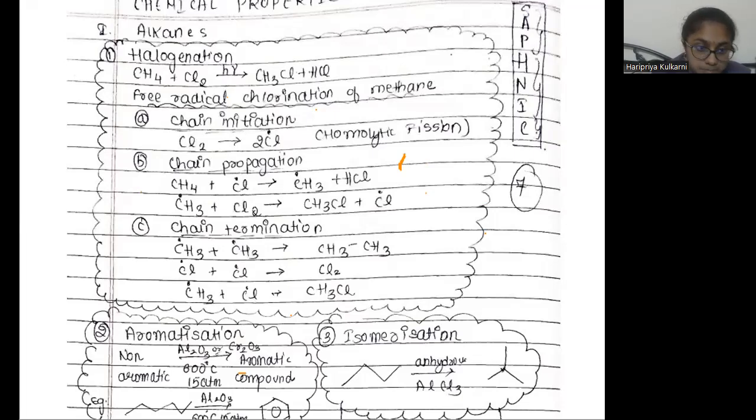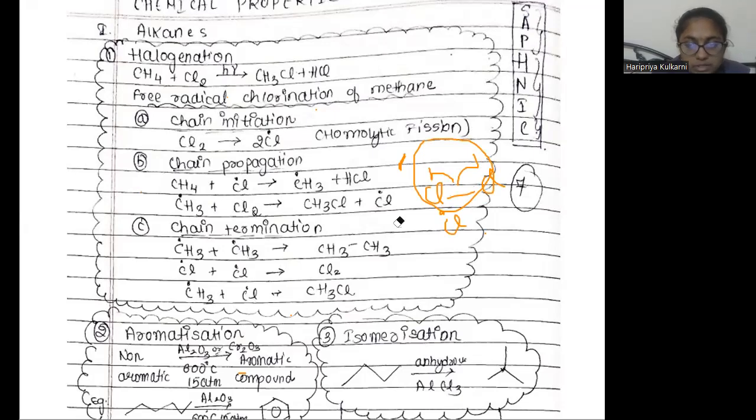If I have a chlorine bond like this and I do homolytic fission, then this bond will break in half like this and half. This is the representation of homolytic fission, which will give me chlorine free radical. This dot represents a free radical.